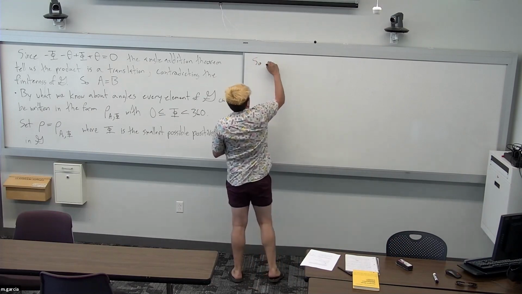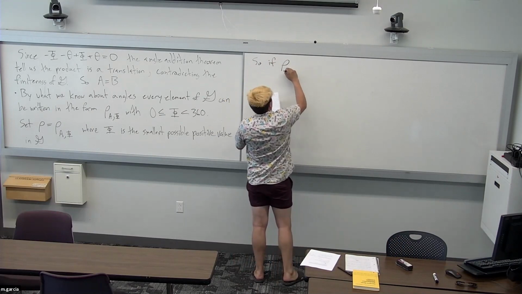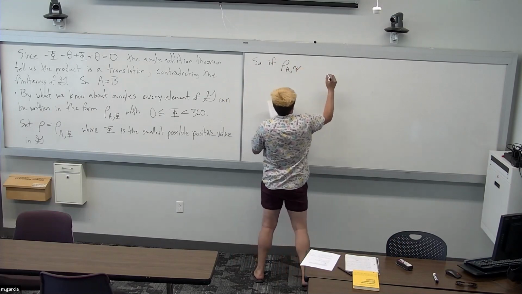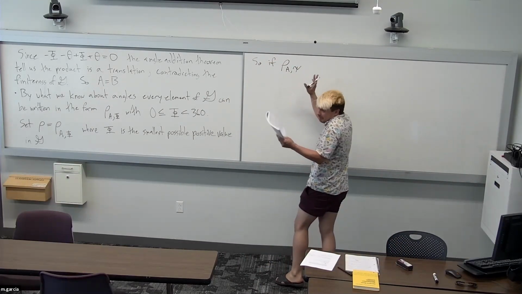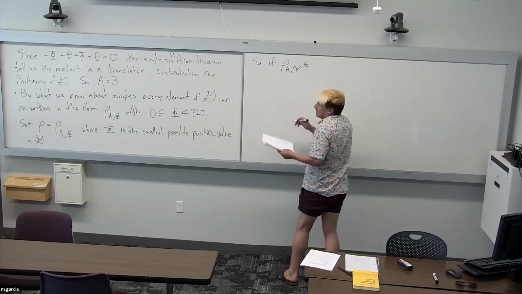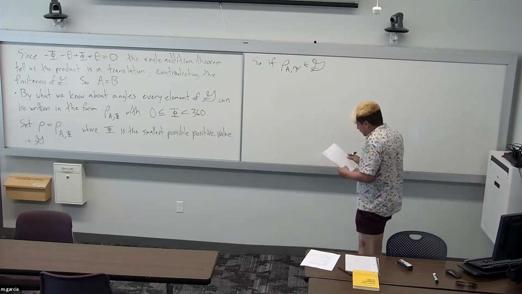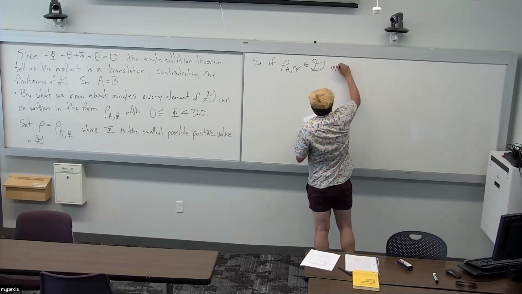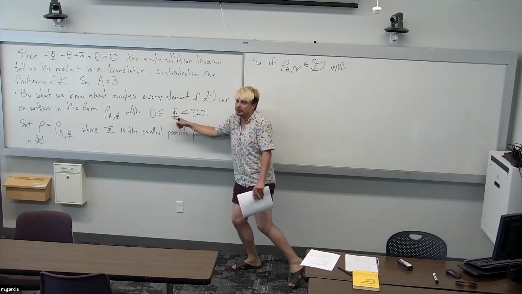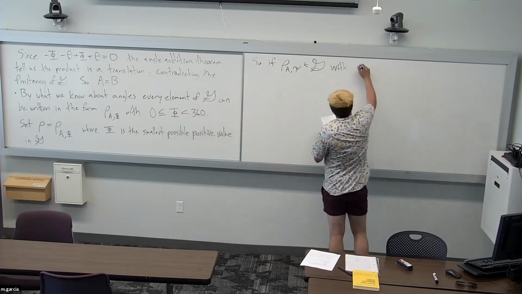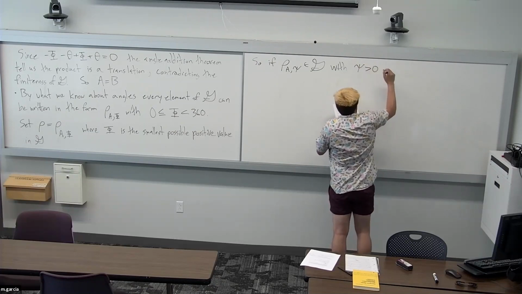So, if we take rho sub a comma c, that's psi, in G, in our preferred mode of writing it, where psi takes a value between 0 and 360, with psi strictly greater than 0.